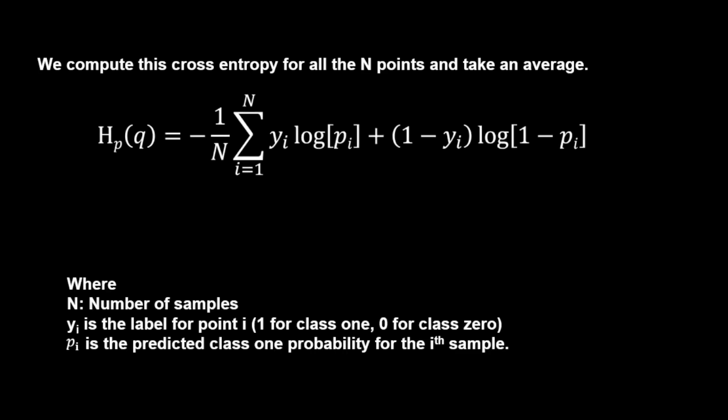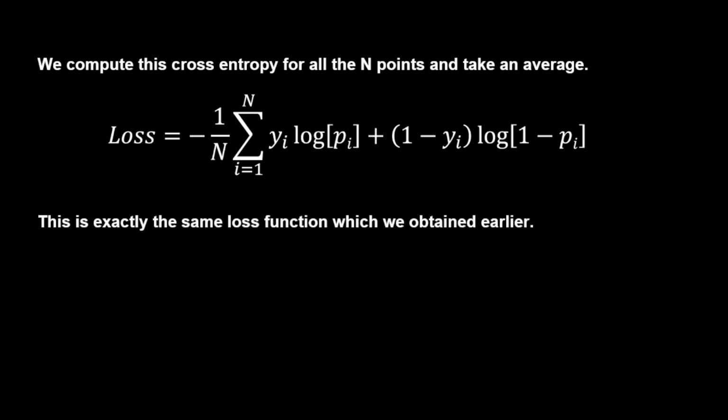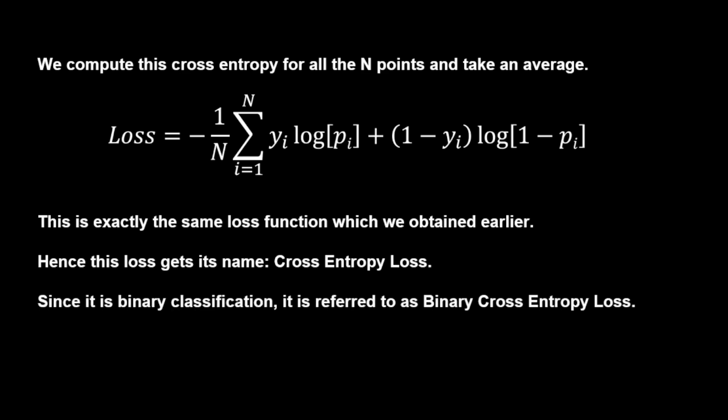We compute this cross entropy for all the n points and take an average, where n is the number of samples. This is exactly the same loss function which we obtained earlier. Hence, this loss gets its name cross entropy loss. Since it is binary classification, it is also referred to as binary cross entropy loss.